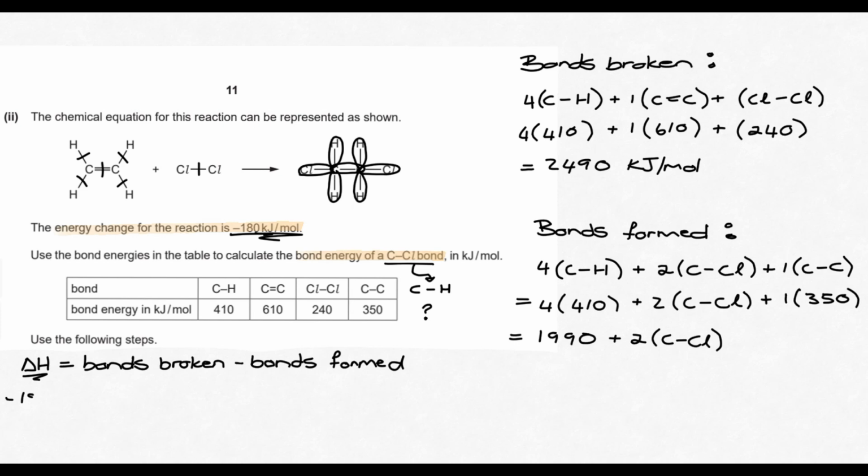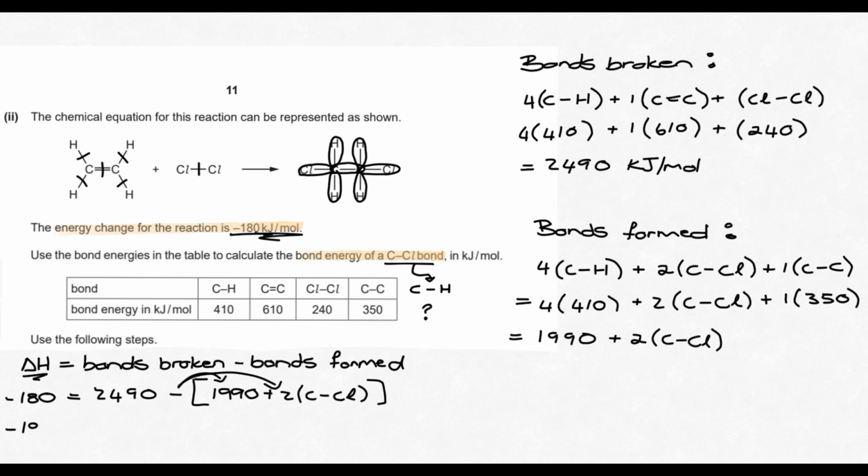And then my bonds broken, I have worked it out as 2,490 kilojoules per mole. And then my bonds formed, I'm going to put this in square brackets to remember to multiply in my negative. So this is going to be my 1,990 plus 2 carbon-chlorine bonds. I can then multiply in my negative into my square bracket.